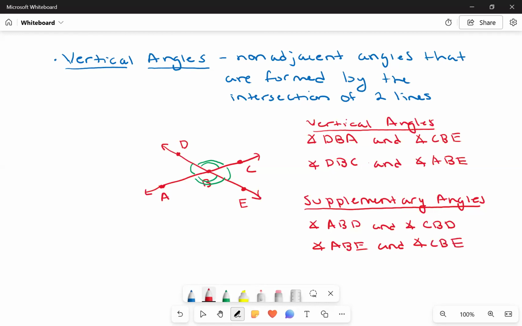Okay. And then there's the other side, other line. So these two right here are also forming a straight line. So that would be angles DBC and angle CBE.